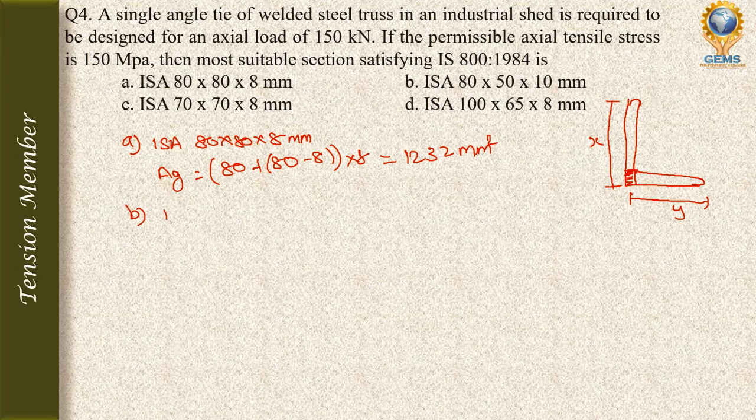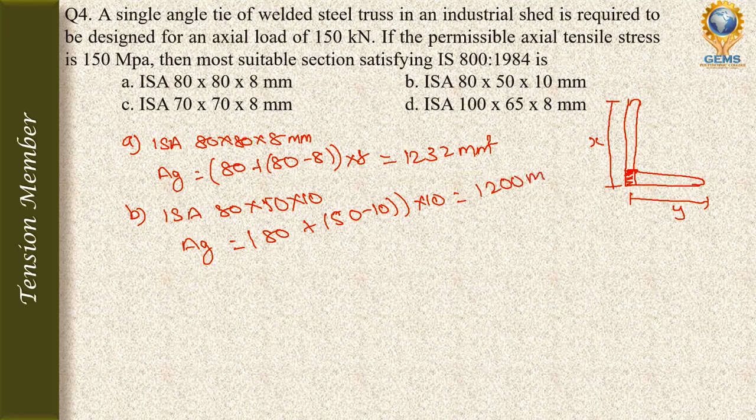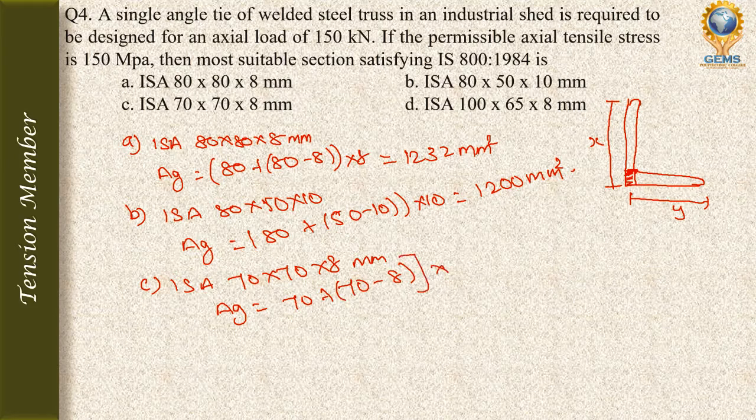Option B is ISA 80 by 50 by 10. Then AG is equal to (80 plus 50 minus 10) into 10, which comes as 1200 mm square. Option C is ISA 70 by 70 by 8 mm, and its gross area is (70 plus 70 minus 8) into 8.